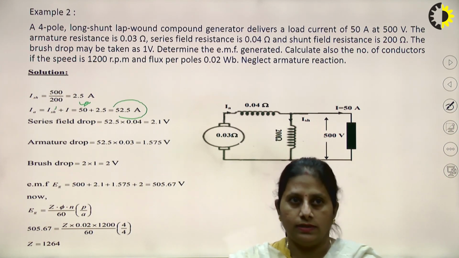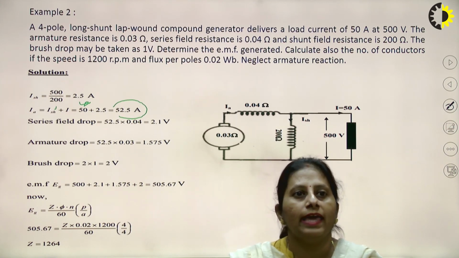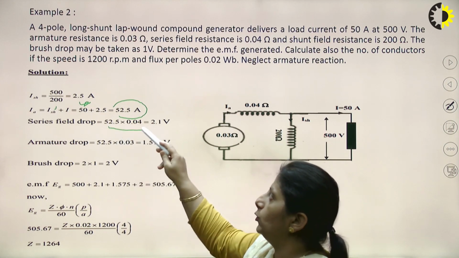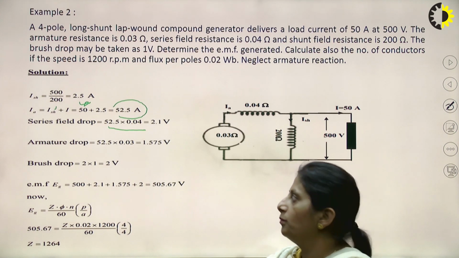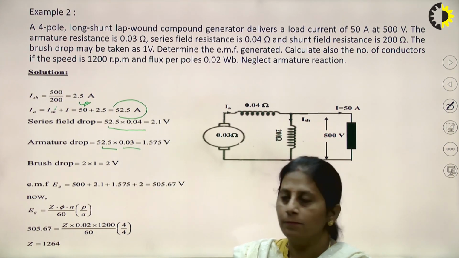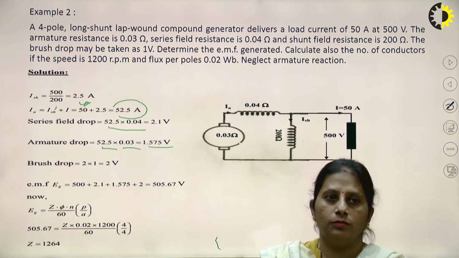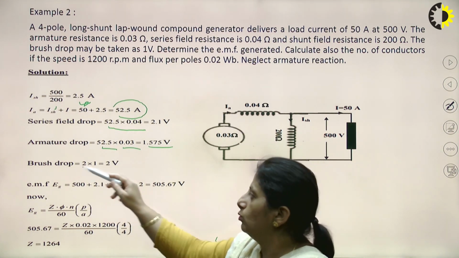ISC into RSC, and we know that in this case ISC is equal to IA only, right? So it is 52.5 into 0.04, that is 2.1. Armature resistance drop, once again the armature current into armature resistance, 0.03, so it is 1.575 volts. Brush drop, 1 volt per brush, assuming 2 brushes, so 2 volts.